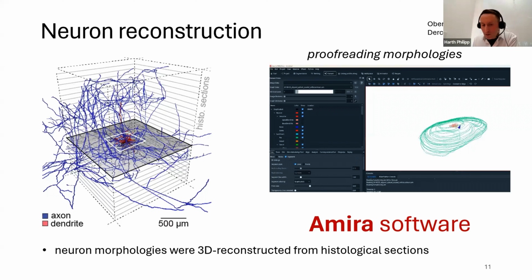I think the current milestone, which has also been released, is a complete reconstruction of the fruit fly brain, but that is in the range of 130,000 neurons. For comparison, in this small area in the rat brain, we already have 500,000 neurons.